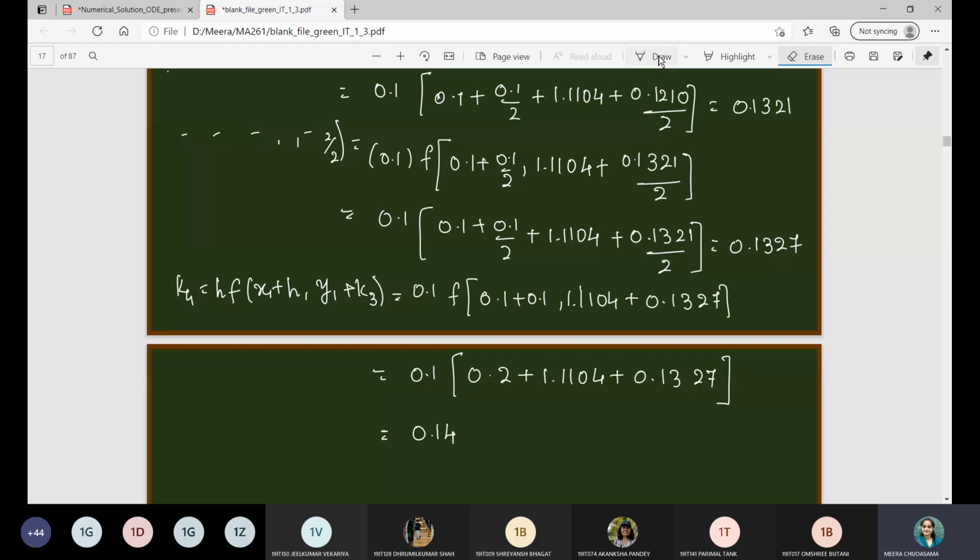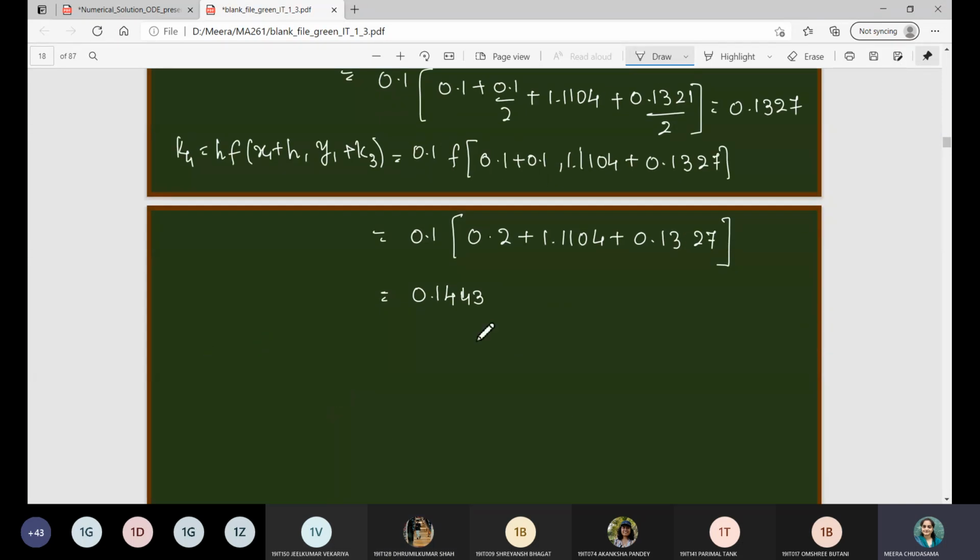What is this answer? 0.1443. Yes. So all four values we have obtained. Therefore delta y is equal to 1/6 (k1 plus 2k2 plus 2k3 plus k4). So 1/6, let me write it in the new line because it will not complete it.